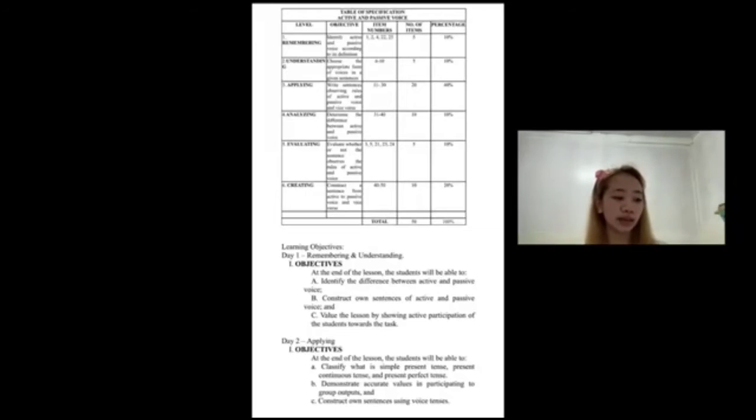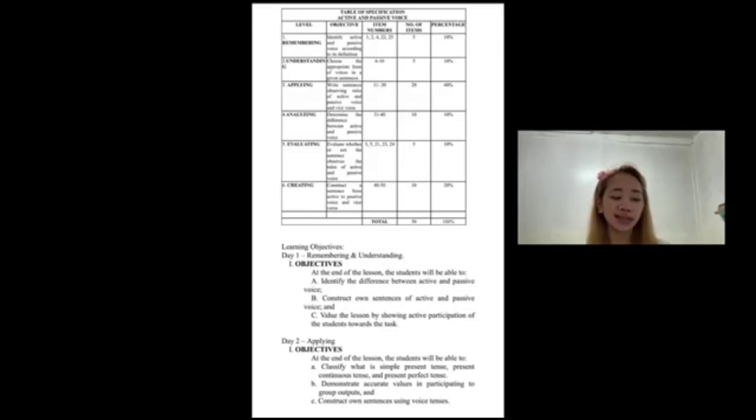In understanding, choose the appropriate form of voices in a given sentence. So it connects to the objective, letter B, construct own sentences of active and passive voice.